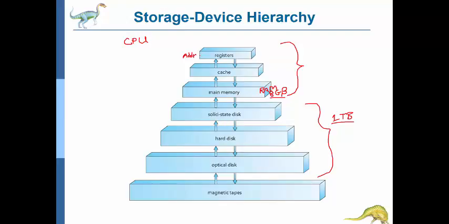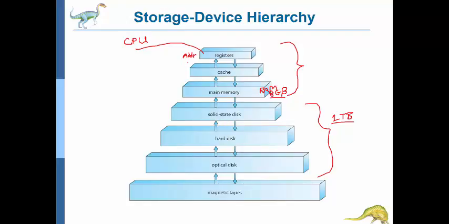Again, a register is nothing but the CPU, almost the CPU. Memory is a little bit of storage compared to the CPU. And then there is something in between that we call cache or buffer.